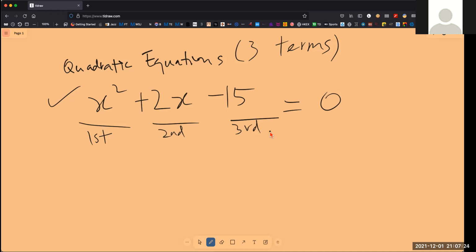Once you have this quadratic equation, can you think of what you can do to solve it? You still remember? You separate it, yeah. So you have to split the first term. You have x squared, so you split it to x and x, right?